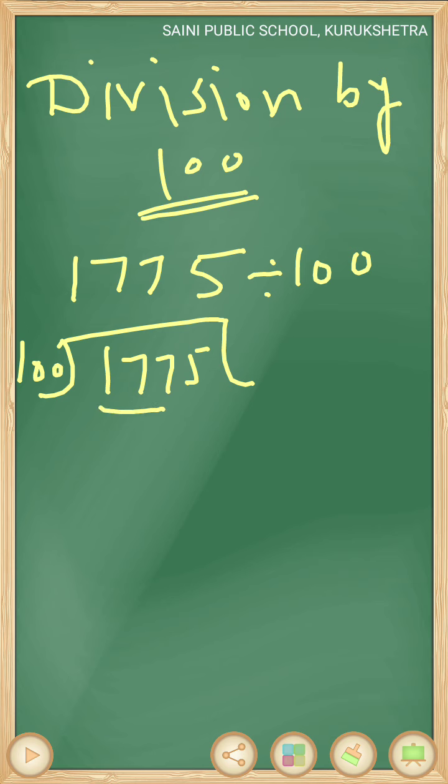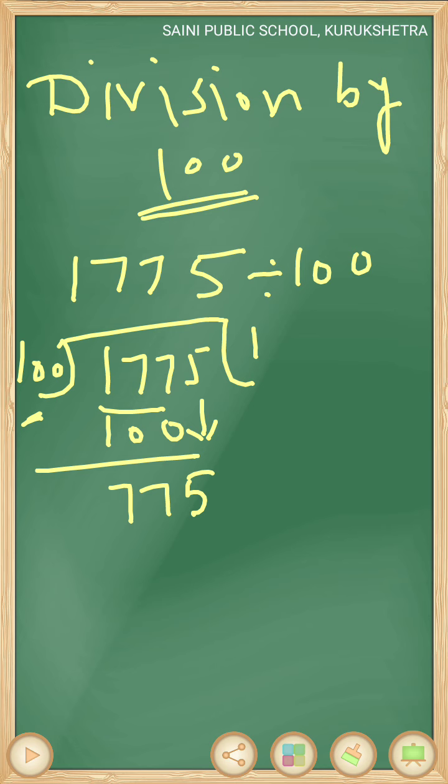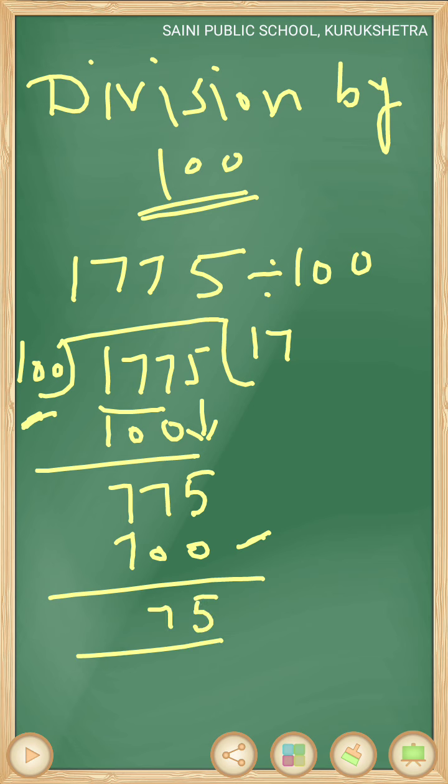So 100 1s are 100. When we subtract, 77. Now 77 is smaller than 100, so we will bring down 5 beside this. Now 100 7s are 700. 700 is the nearest multiple of 100, so here 5 and here 7. Now 75 is the remainder.